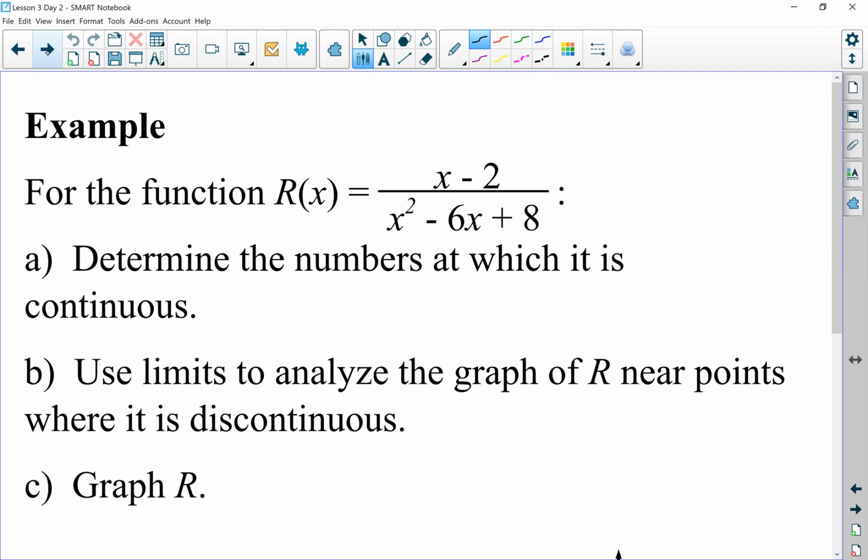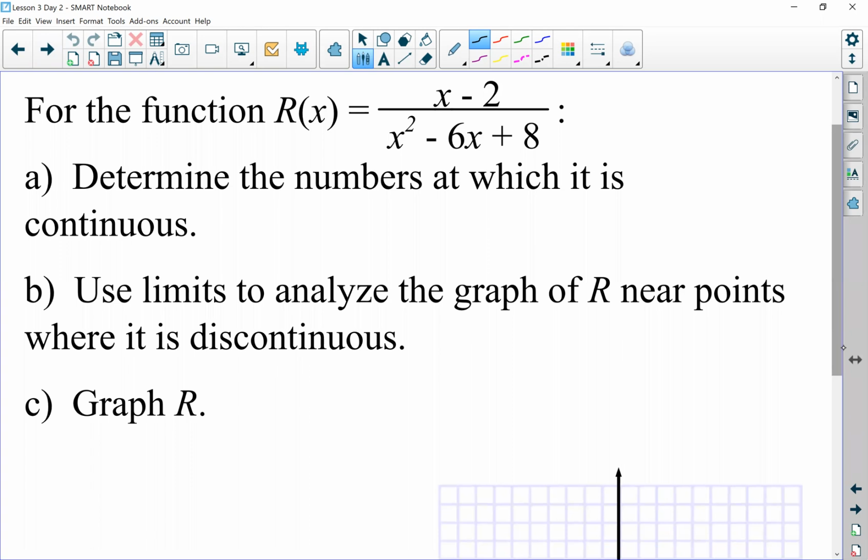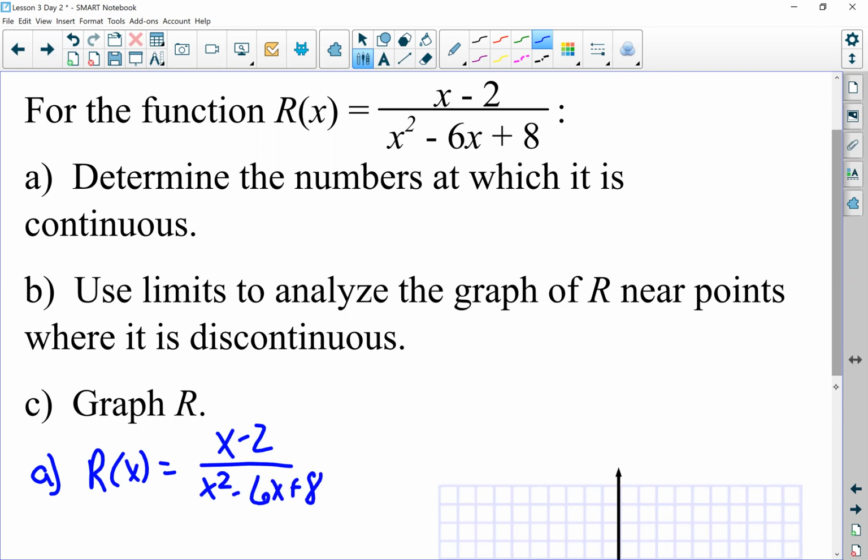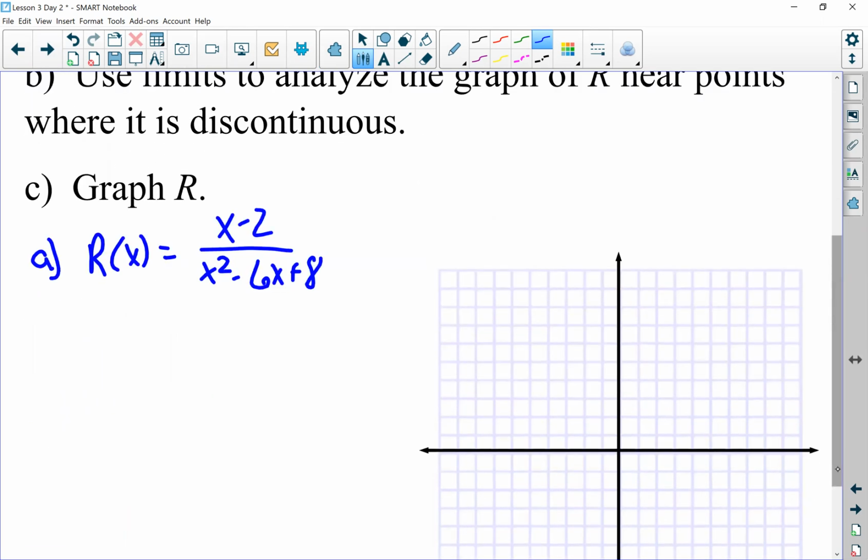All right, so determine where it is continuous or discontinuous. I'm going to rewrite this down here. And the function will be discontinuous when the denominator is equal to 0. So for a rational function, we're going to look at factoring the denominator.